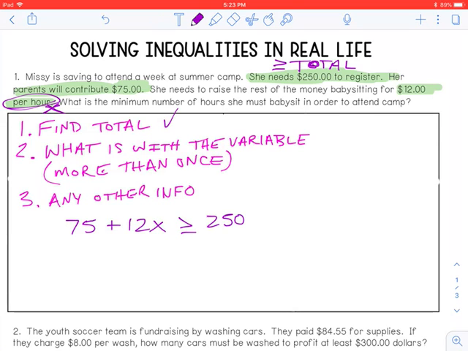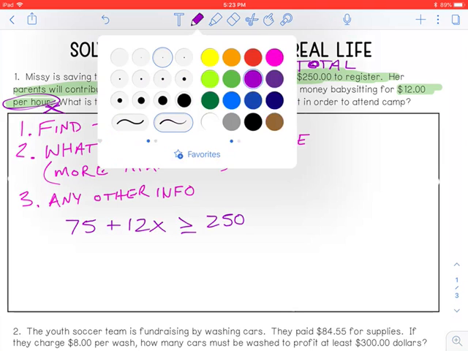So what we're trying to look for, what is the minimum number of hours? In this case, another clue that it's greater than or equal to is right there. X has to be greater than or equal to a certain amount. So there we are. So now we can go ahead and solve.